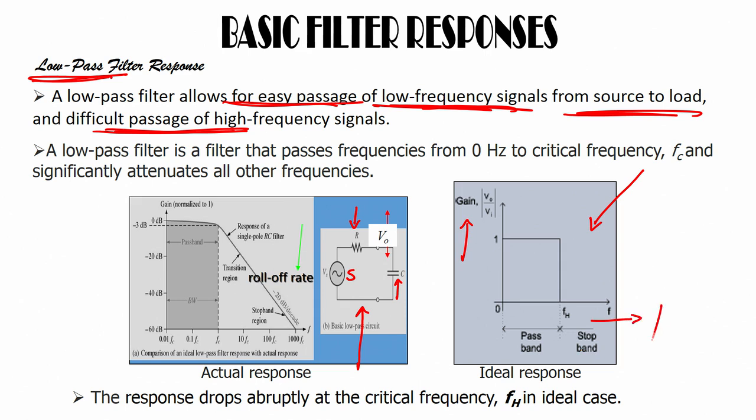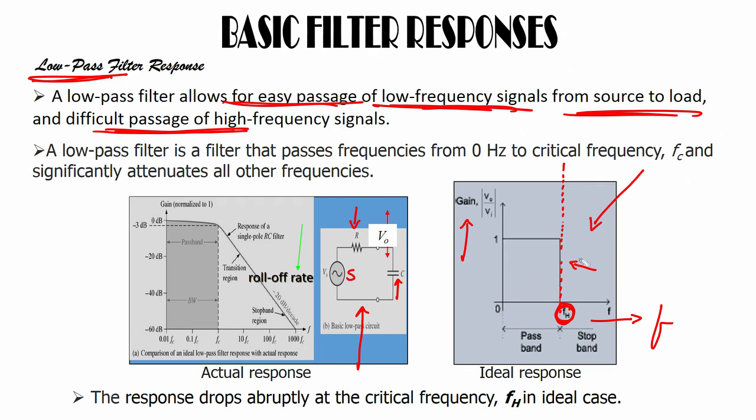Then you have to design the filter such that above the frequency FC or FH it will not allow the frequency to pass, only frequencies below this frequency will be allowed to pass. So, you can see a sharp cut like this, and it looks like a wall.